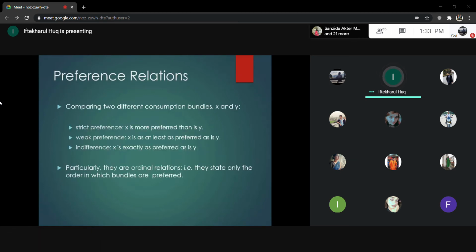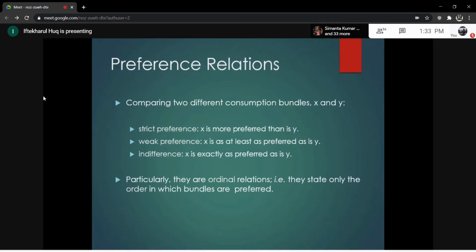So let's start. First thing is, whenever we compare two different consumption bundles, X and Y, there are three things that can happen.